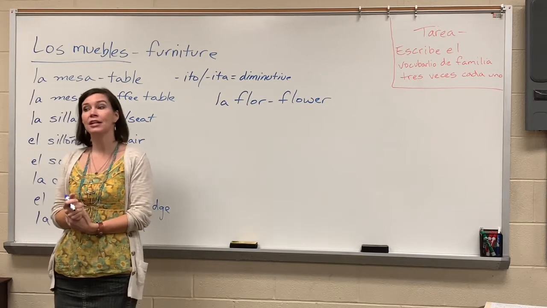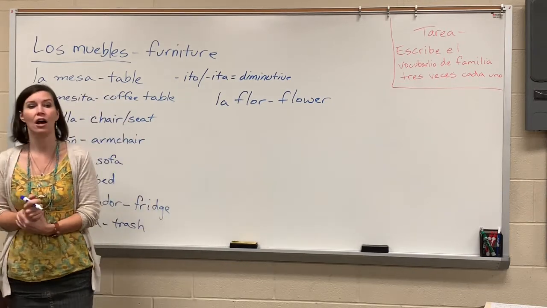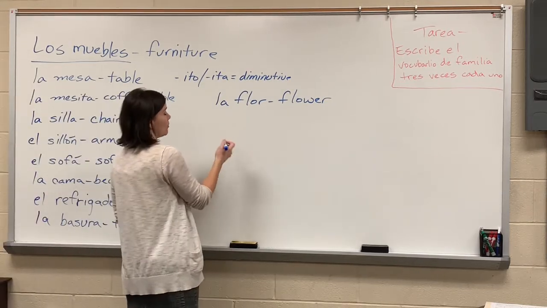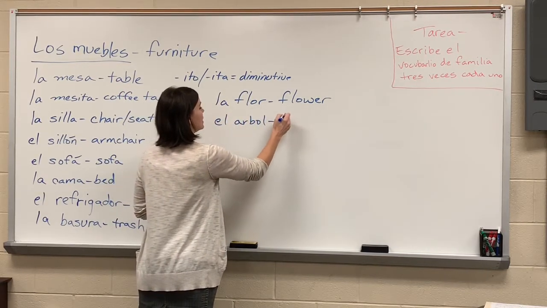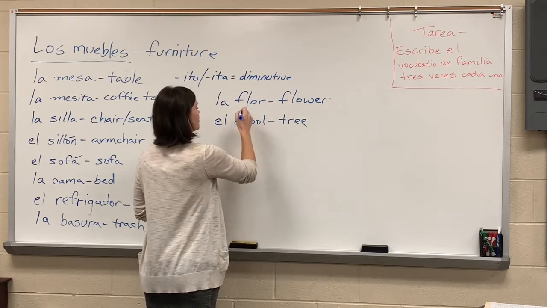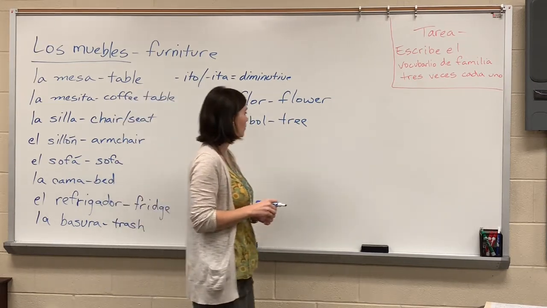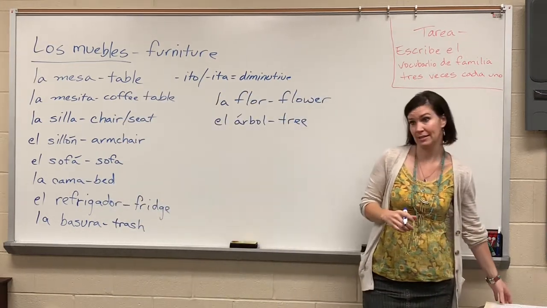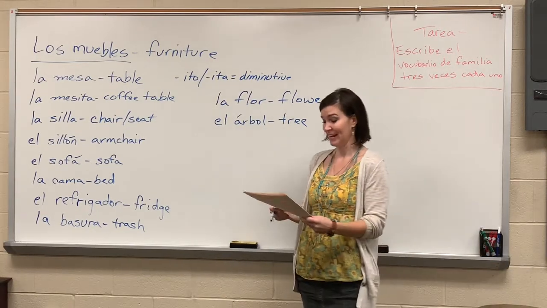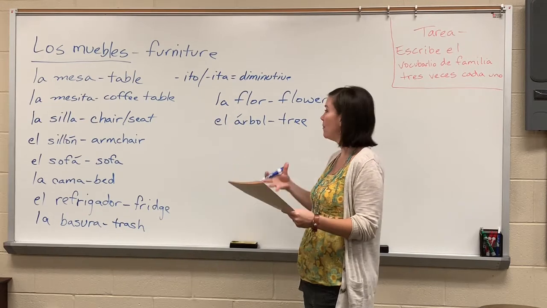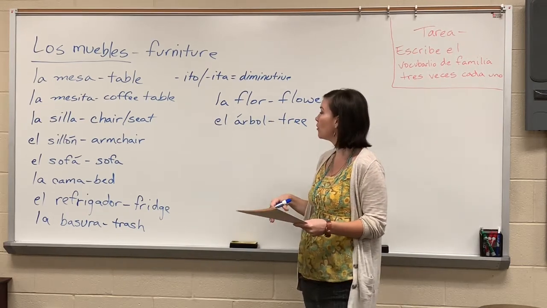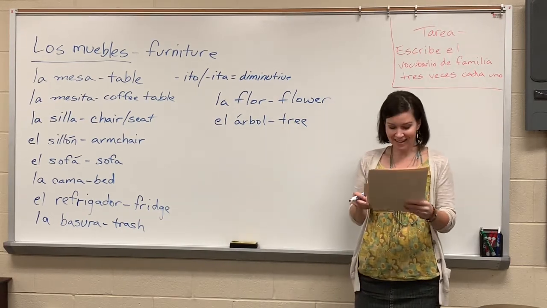And then the other thing you're gonna need in your jardín is el árbol, or árboles. El árbol is a tree. So you want to have los árboles y las flores in your jardín, okay? Like in your patio too, you're probably gonna have a patio with árboles y flores.